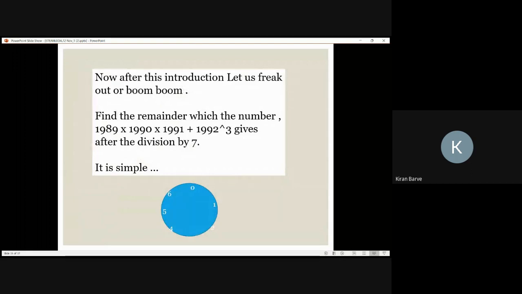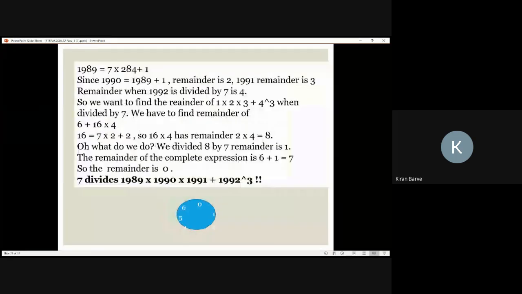This was the example: find the remainder which the number 1989 into 1990 into 1991 plus 1992 cube gives after division by 7. Vedanti, will you multiply 1989 by 1990 by 1991?